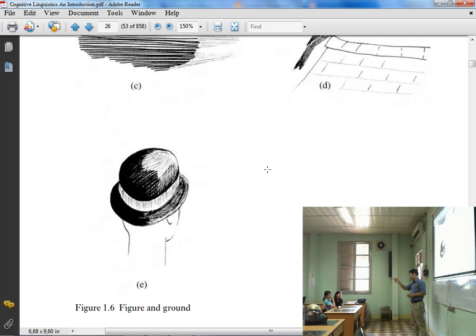In that context, attention is shifted to the hat. So you see how figure and ground, or profile and base, can switch to and fro depending on your experience.